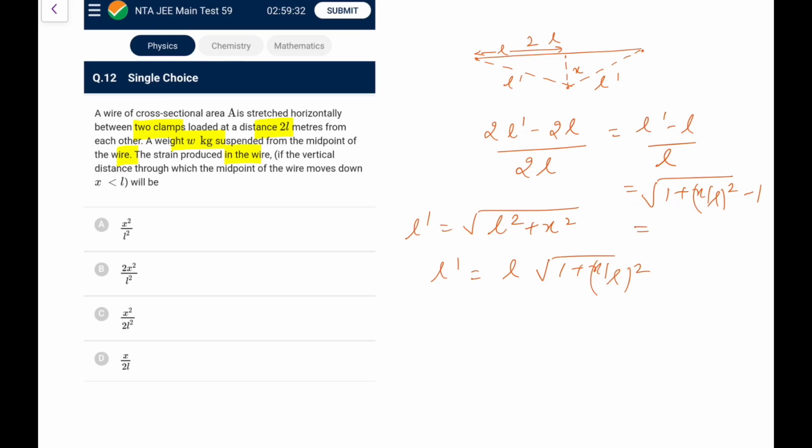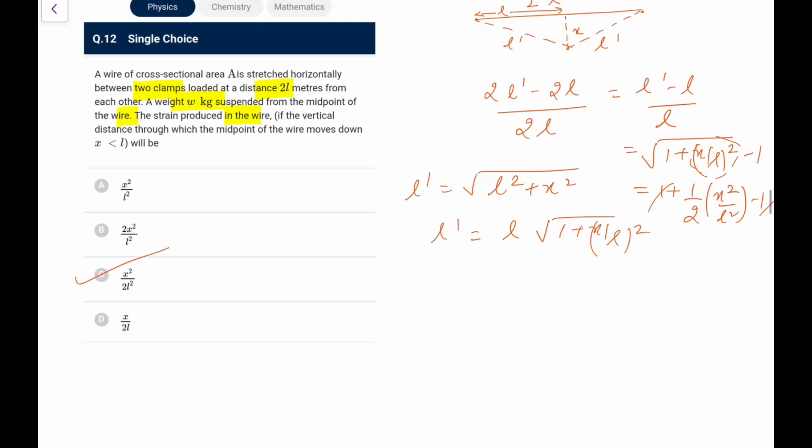Applying the binomial theorem, because x by L whole square is not going to be very large, root of 1 plus x can be written as 1 plus half times this factor, and this half would be x square by L square, minus 1. So this gets cancelled, so x square by 2L square, that is what I am getting. This is the simple application of the binomial theorem: root of 1 plus x is written as 1 plus half x.